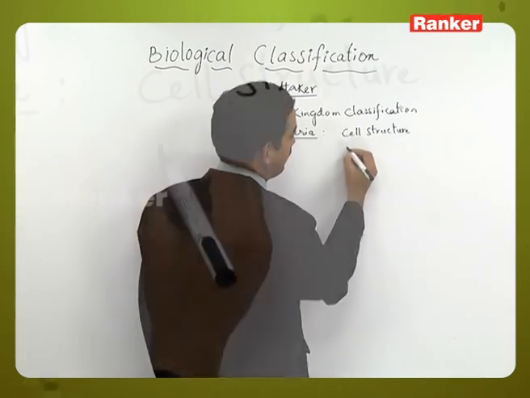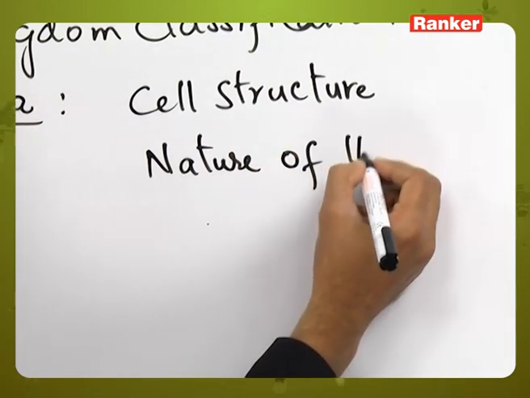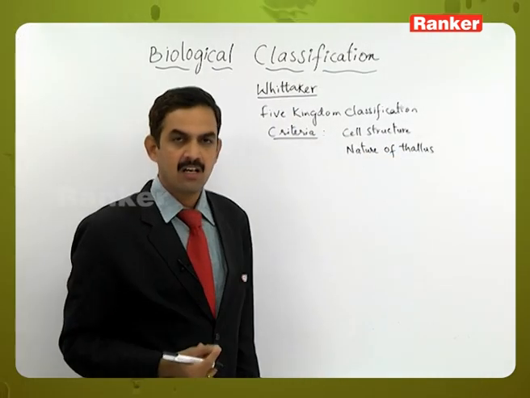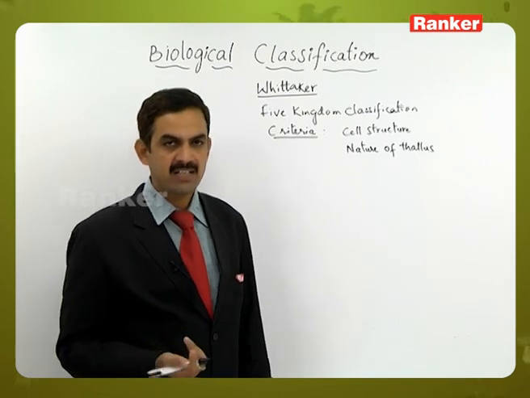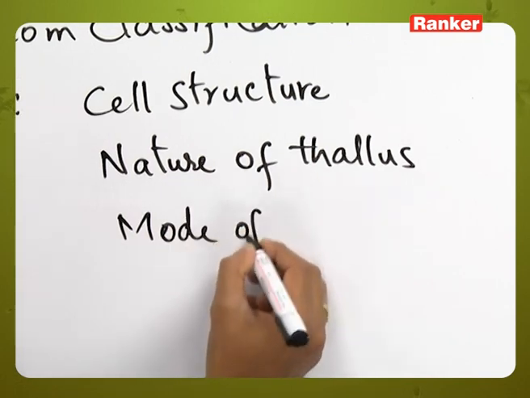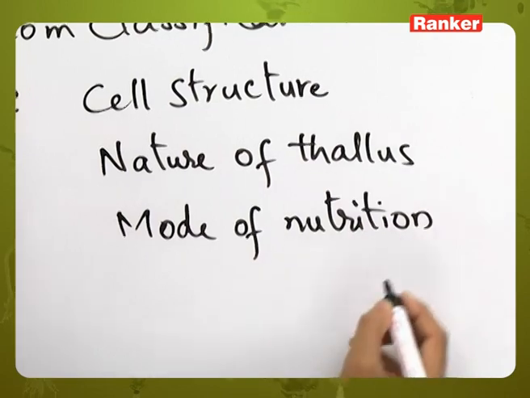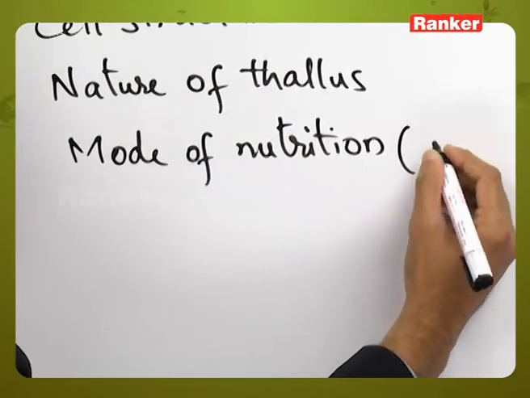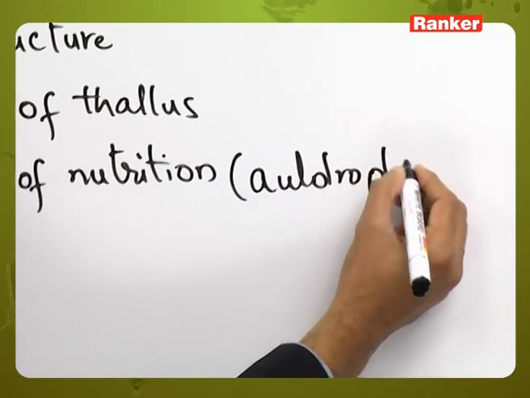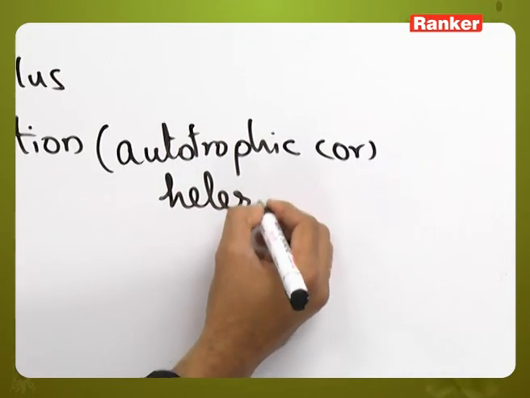Then the nature of thallus or the plant body organization, whether it is made up of one cell or more than one cell, and the mode of nutrition, that is whether these are either autotrophic or heterotrophic.